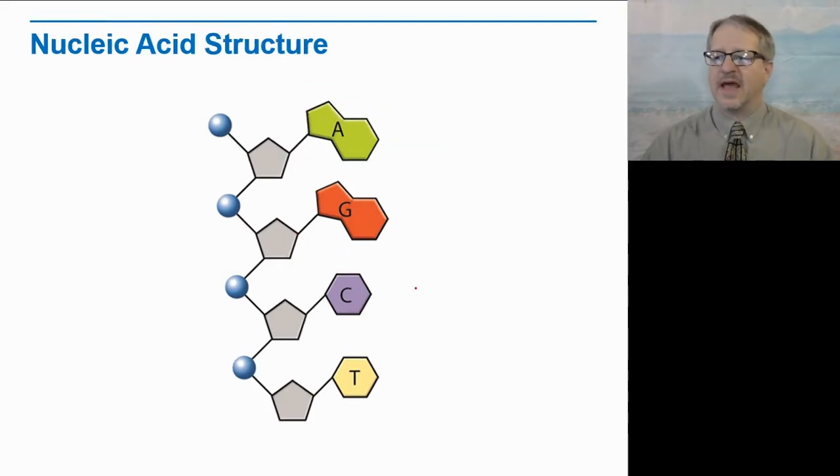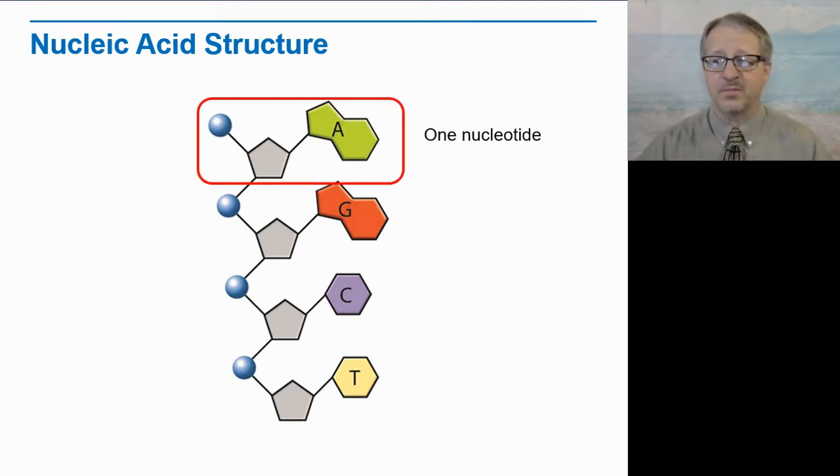Okay, so as we look at a molecule of DNA, it has a lot of these nucleotides. One single nucleotide is this portion right here: the phosphate group, the 5-carbon sugar, and the nitrogenous base, whatever that nitrogenous base happens to be.